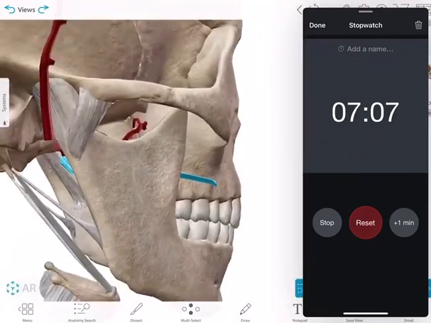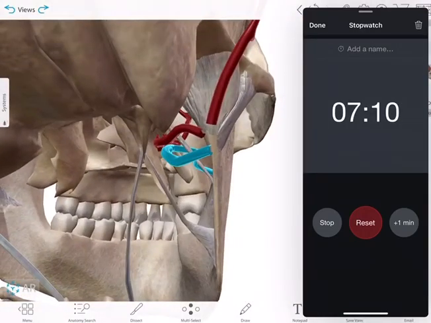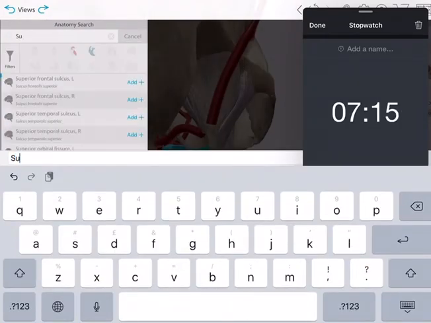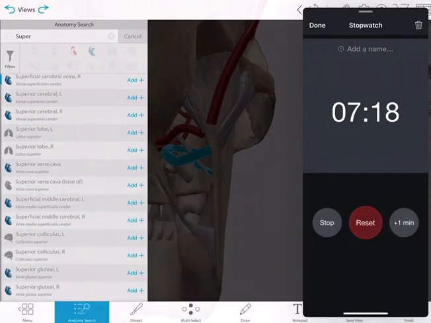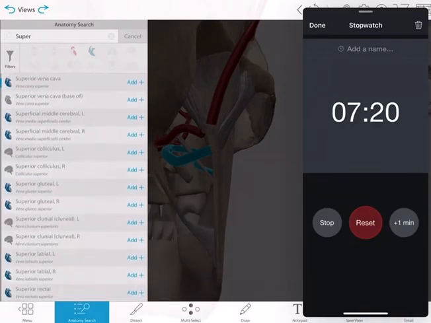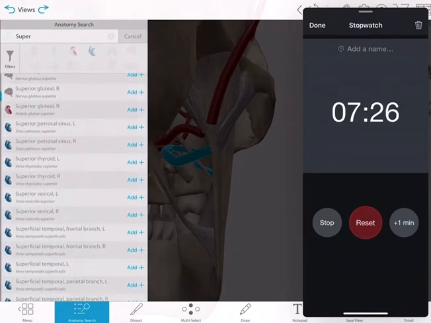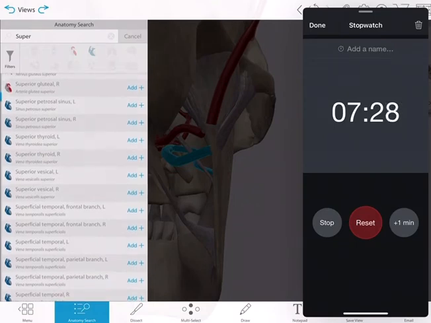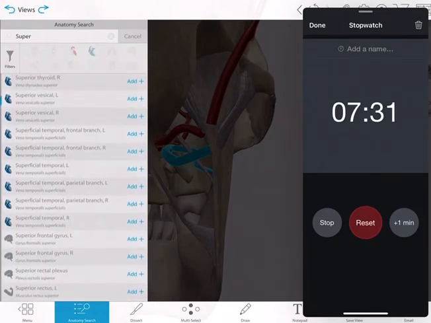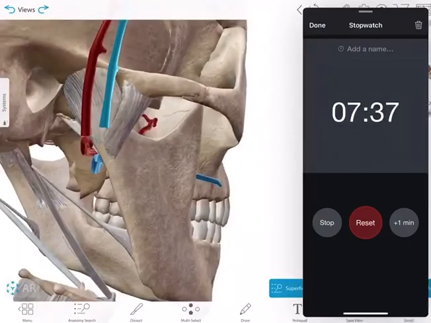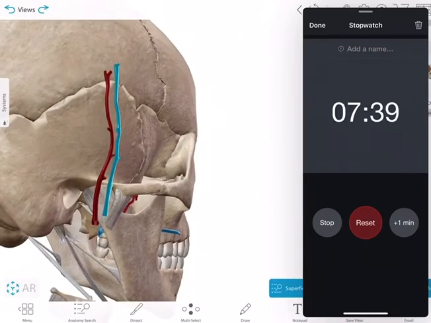See how close it is to the TMJ, and also the superficial temporal vein. Here it is. Look. So as with the arterial supply, the venous drainage is from the maxillary vein and the superficial temporal vein.